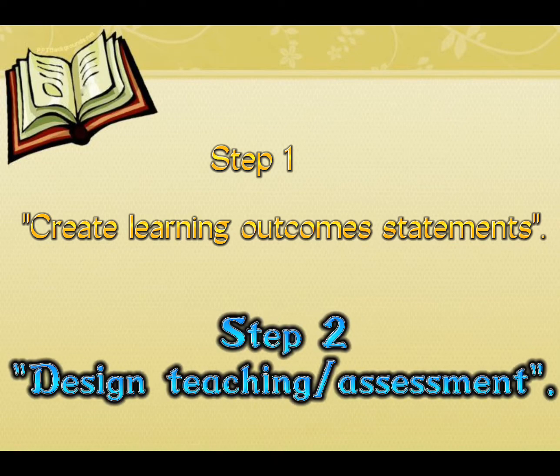So the next step is to design teaching and assessment to achieve those outcome statements. So these are the teaching strategies or design of our teaching which assess the level of performance of our students. Now this may be recommended to focus on direct measures of learning or by using any rubrics.